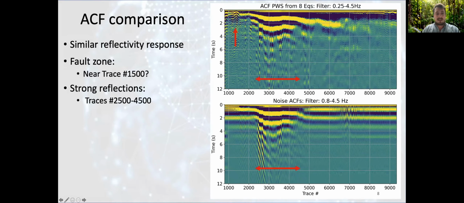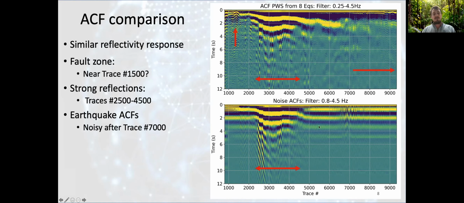We retrieve this big, strong reflection from station 2,500 to 4,500. And then what's a bit bizarre is that the autocorrelation from noise is pretty flat after station 5,000, while there is much more roughness in the signal of the earthquake.